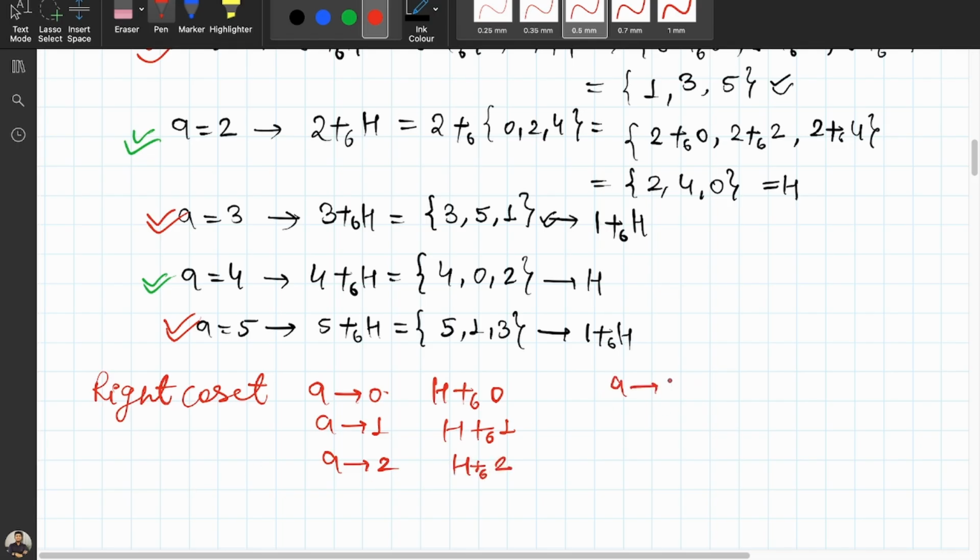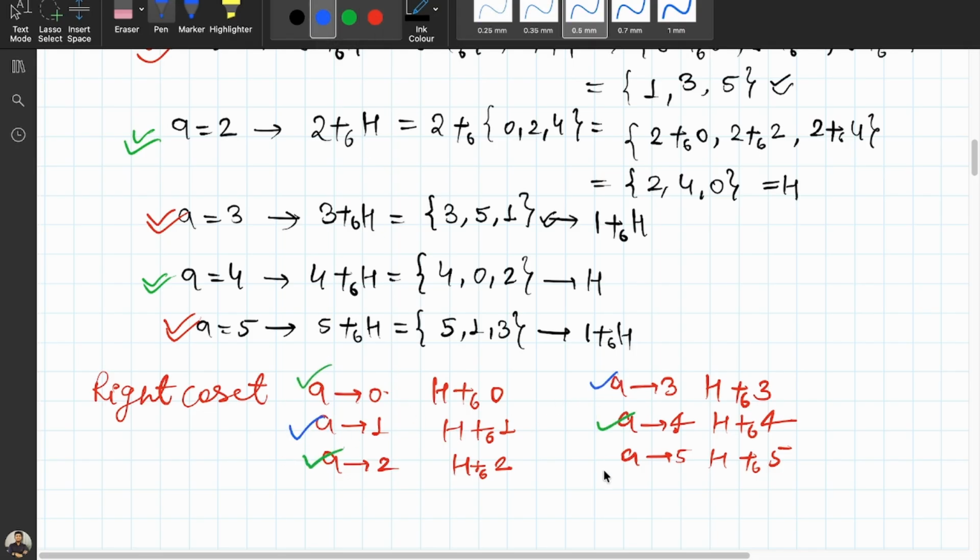Similarly, A is equal to 3 means H addition modulo 6 with 3, A is 4 means H addition modulo 6 with 4, and A is 5 means H addition modulo 6 with 5. One thing here: again, these are all the same. Whatever I'm marking with green, these are all the same. Whatever I'm marking with blue, these are all the same.